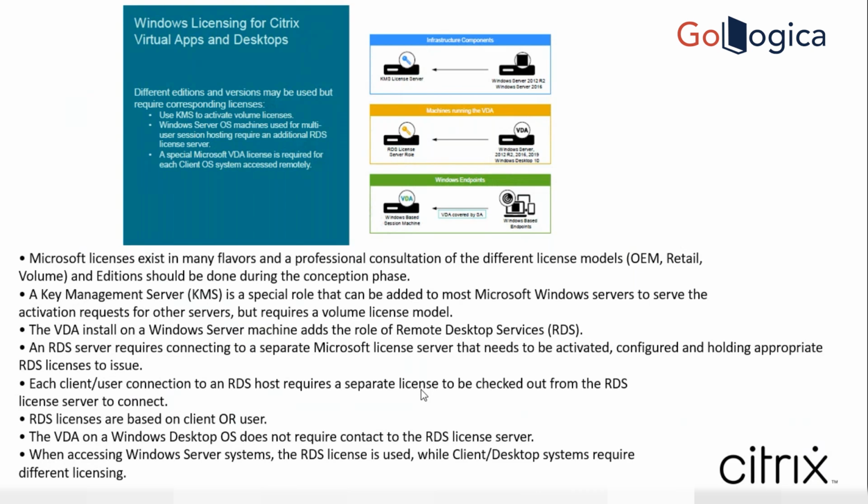In Citrix Virtual App and Desktop also you require a license. First you require the license of Microsoft RDS, Remote Desktop Service, which is part of Windows. And second, you will need to purchase the Citrix Virtual App and Desktop license.